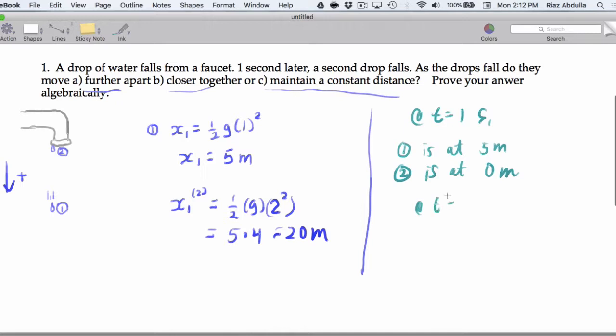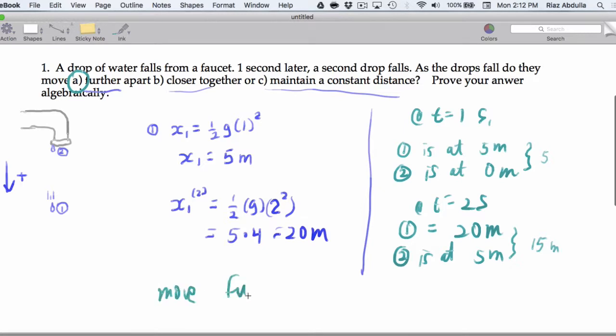Now, at t equals 2 seconds, drop 1 is now at 20 meters, and drop 2, having fallen for 1 second, is only at 5 meters. So look, we started off with a separation of 5. It's now become 15 meters. So what this tells us is the drops actually move further apart. All right, so there we go.